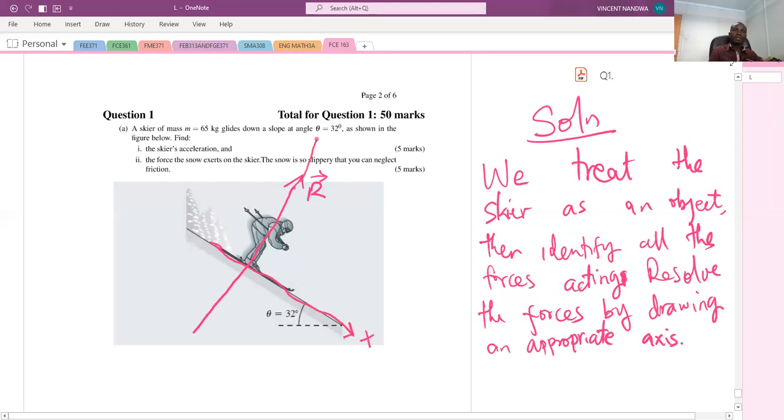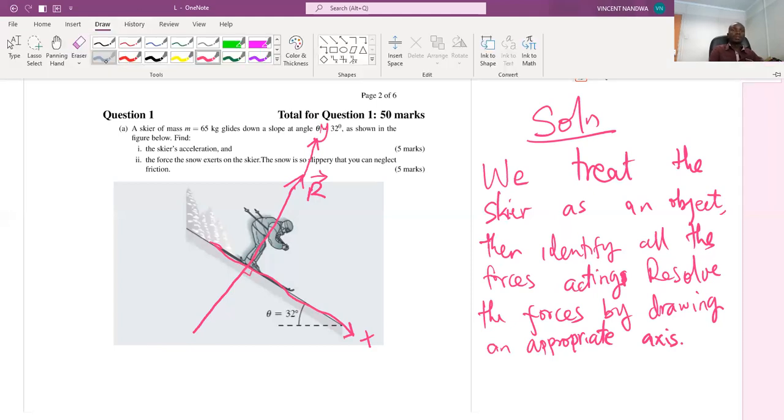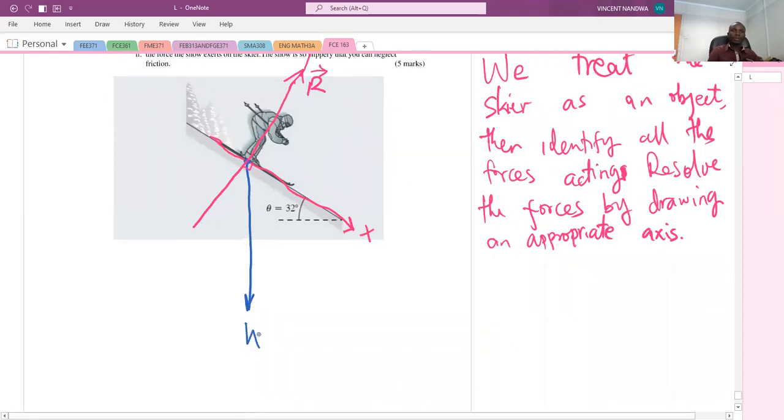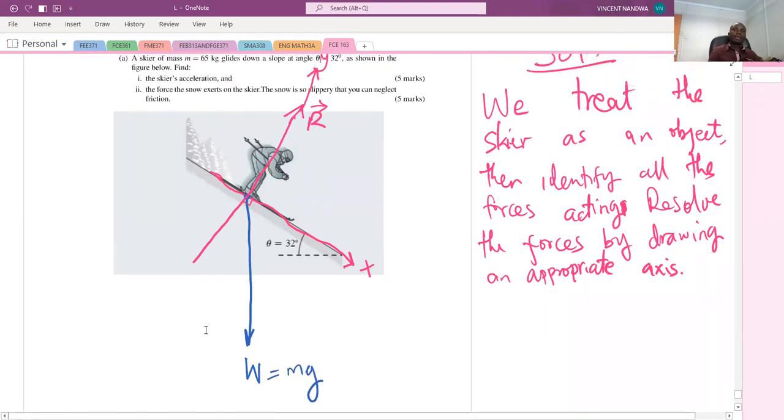The x-axis and y-axis meet at 90 degrees. And then this is how the weight of the skier will be acting, which is given by mass times the gravitational acceleration. If you extend this, the angle of 32 degrees is the same as this angle here.